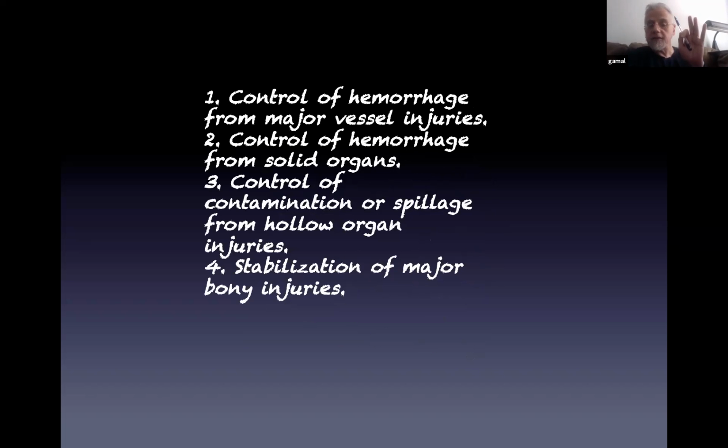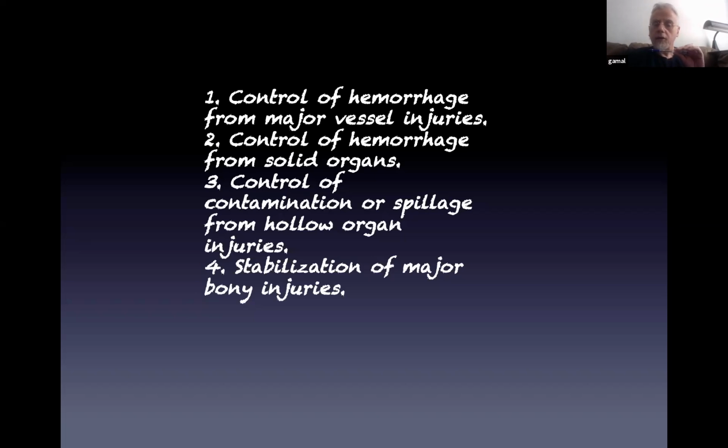Next slide, guys, 1 through 4. Any trainee sitting for the exam, dealing with trauma, this doesn't only apply to pancreatic and duodenal injury, no. This applies to any trauma case. Please, guys, remember that. Any trauma case, these 4 priorities, use them, apply them.